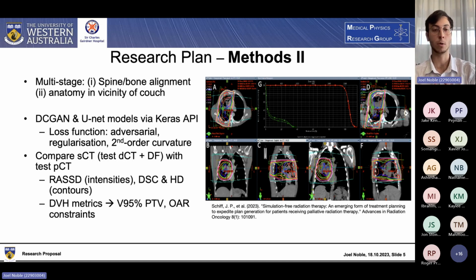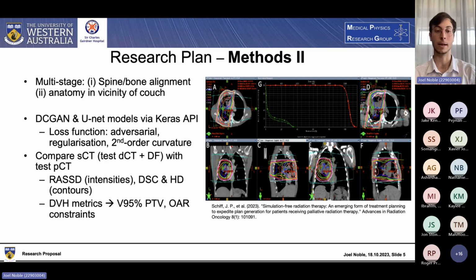Once these models have been trained and developed, you would be comparing the synthetic CTs, which are created by applying the deformation field output of the models onto a test diagnostic CT case, and you would compare that with test planning CT cases. Now, in terms of comparing the images themselves, a good metric is the root average squared sum of differences, which is for comparing intensities.